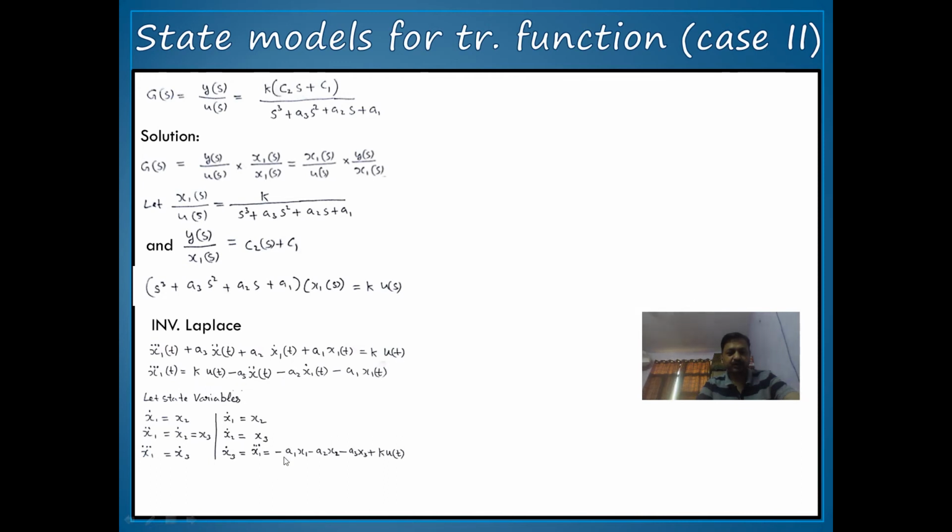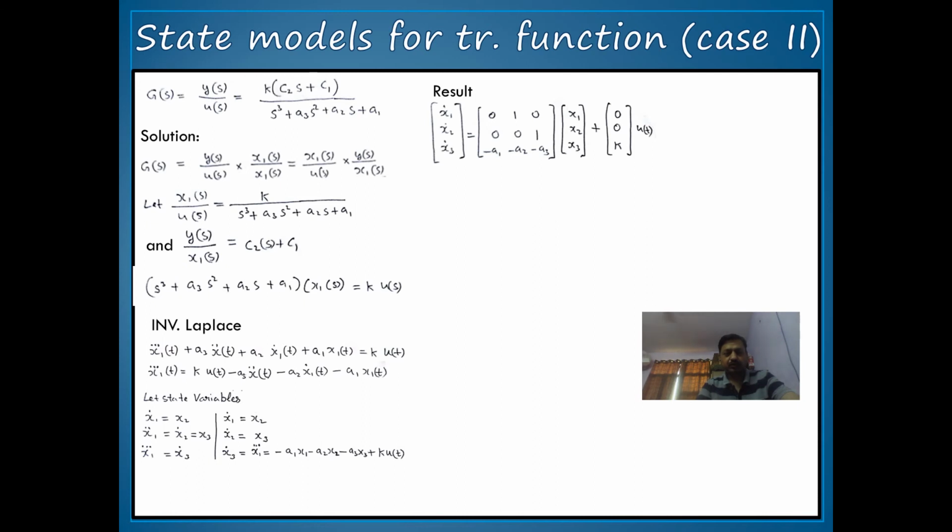From the earlier equation we directly put this value: minus a1 X1 minus a2 X1 dot minus a3 X1 double dot, and we replace X1 dot and X1 double dot with X2 and X3. Now this equation will become like this. This is nothing but converting this equation into the state variables and putting it in the X3 dot terms.